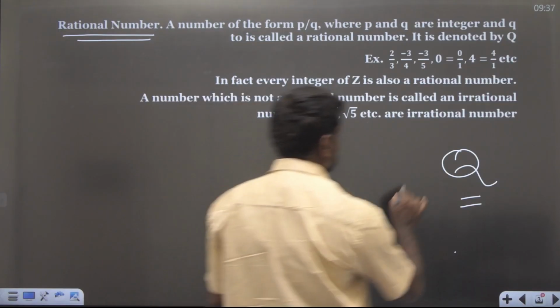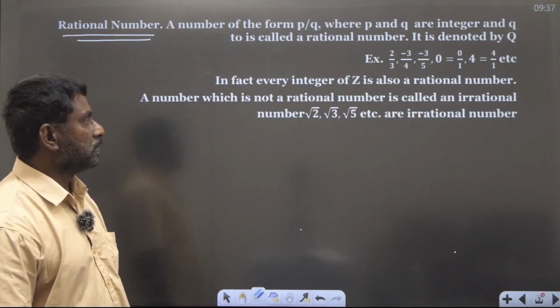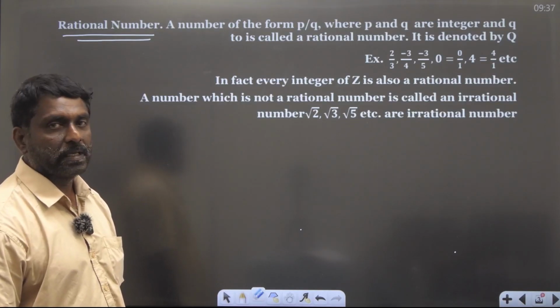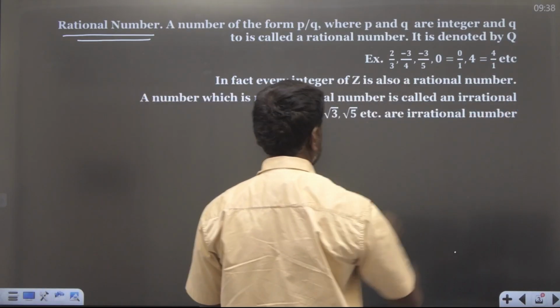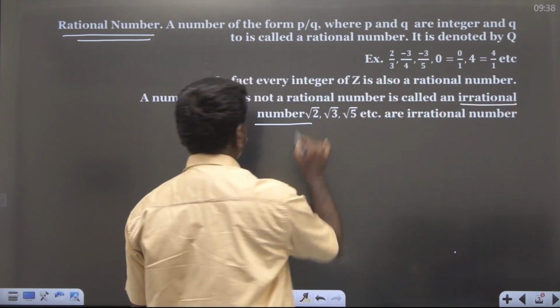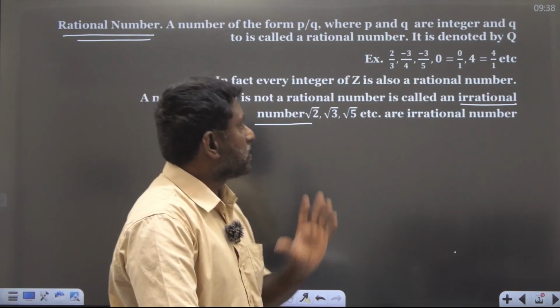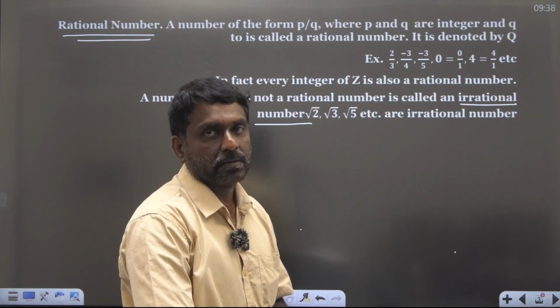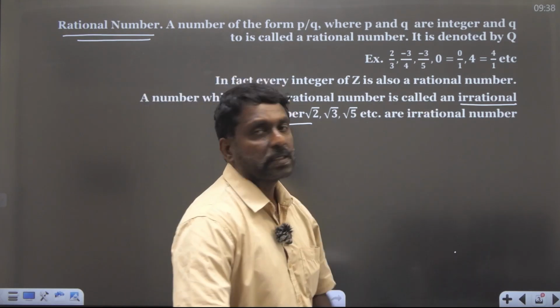If a number is not a rational number, then we can say that it is an irrational number. What is an irrational number? Suppose the number is not a rational number, then the only other possibility is that it is an irrational number.